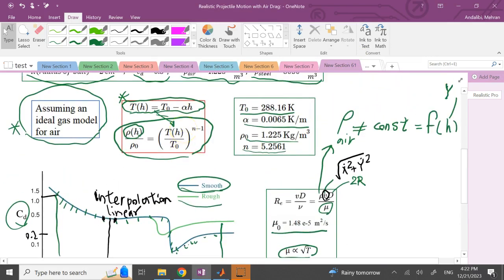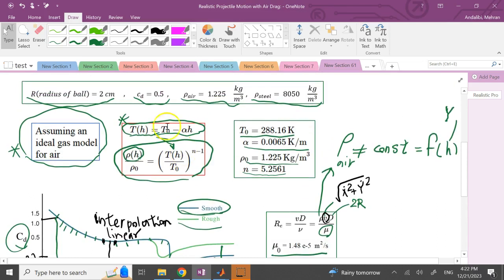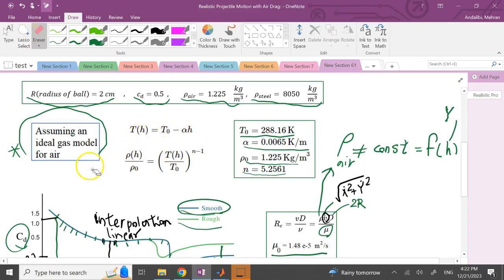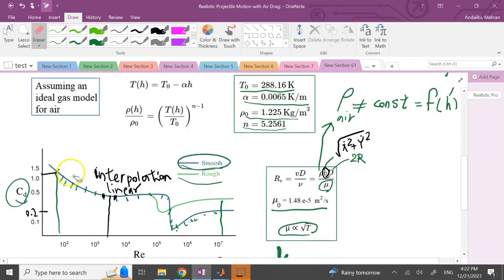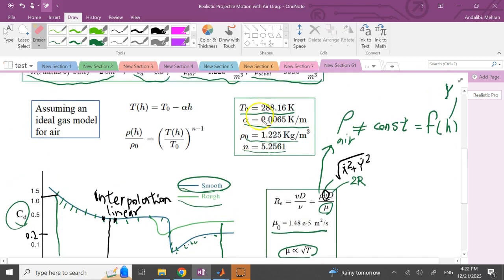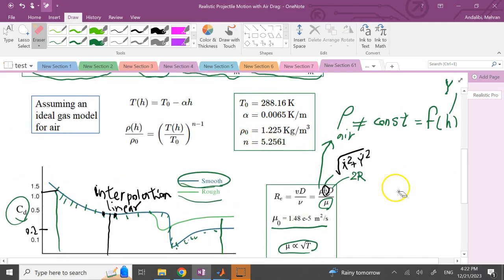And again, this is not super realistic compared to what happens in real life, because this T function is not exactly this. The rho is not exactly that because it's not an ideal gas model. And this drag coefficient is not too bad actually, but remember, I just approximated it by a bunch of points.